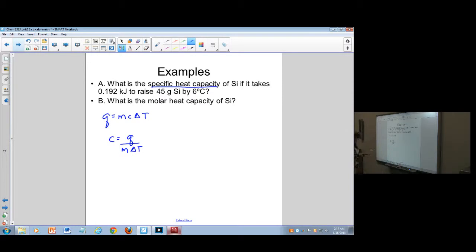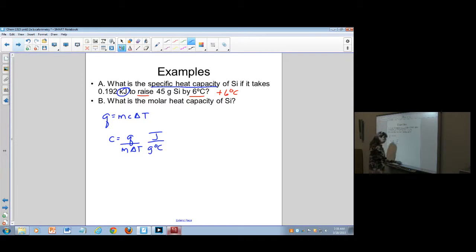All right, so let's see. We raised the temperature by 6 degrees, so that's going to be a plus 6 degrees Celsius for our delta T. Also, do I like these units in kilojoules for my heat? And the answer is no, because the units of specific heat are joules per gram per degree Celsius.